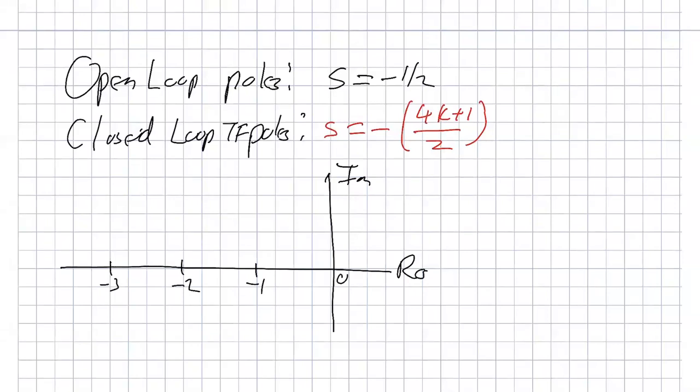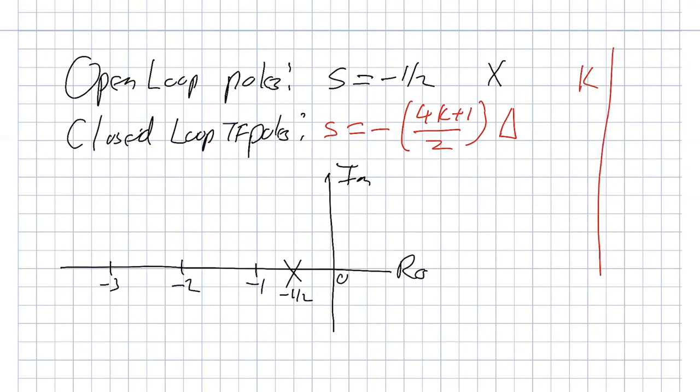And so our open loop transfer function poles, we're going to use x's. So we're going to have an x here at minus 1/2. And then for closed loop transfer function poles, we're going to use triangles. Let's see how our closed loop transfer function poles change versus k.